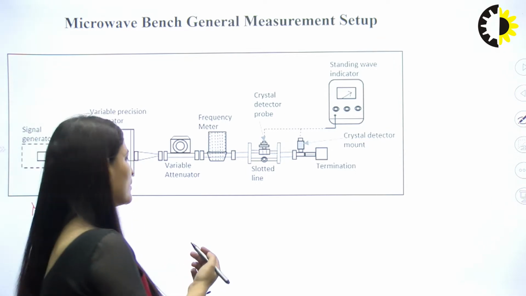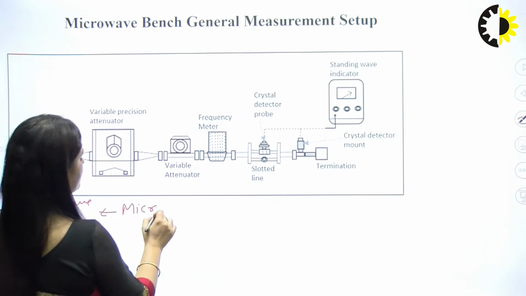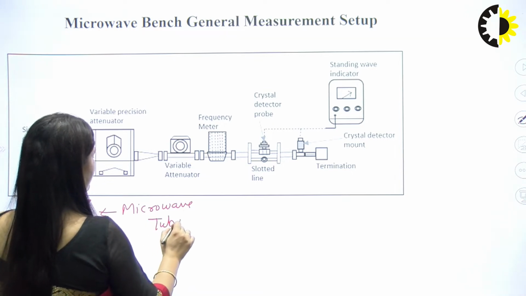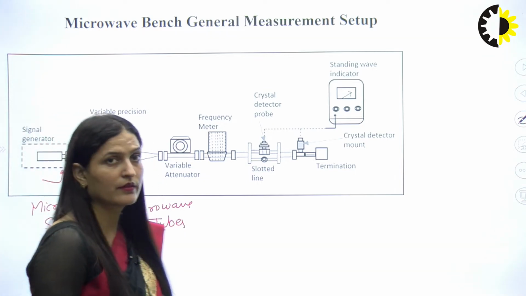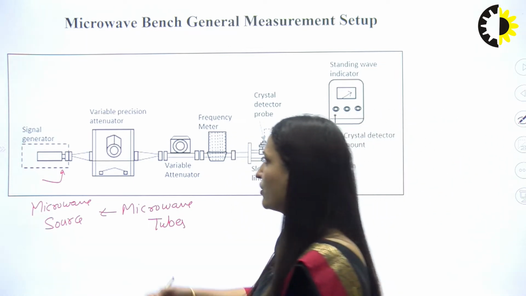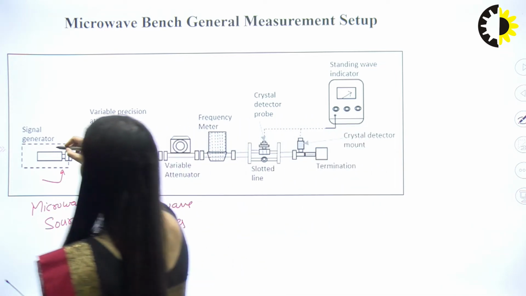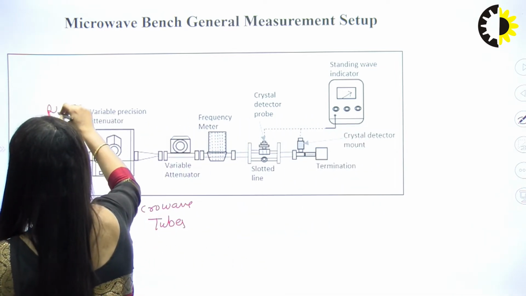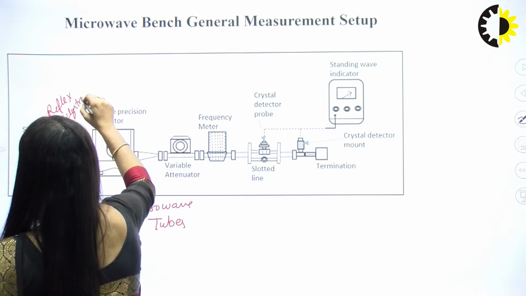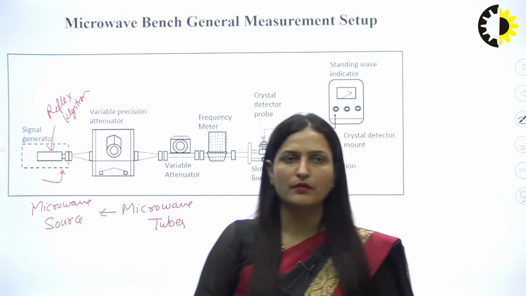These microwave sources are the microwave tubes, but in this microwave test bench we are using a reflex klystron for generation of the microwave signal. The klystron tube can be used for generation of the microwave signal.